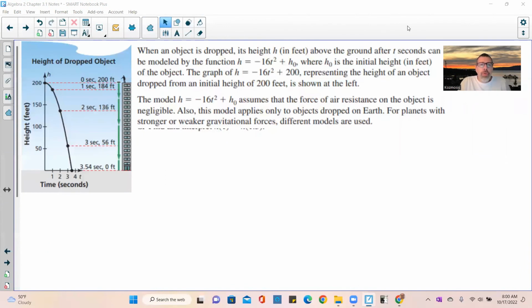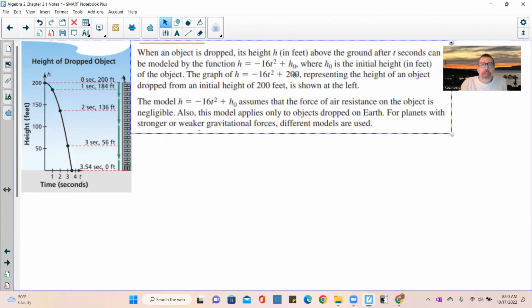Okay, so before I do this problem, I want to read the paragraph or two that were above. It says, when an object is dropped its height h in feet above the ground after t seconds can be modeled by the function h equals negative 16 t squared plus h sub 0, where h sub 0 is the initial height in feet of the object.